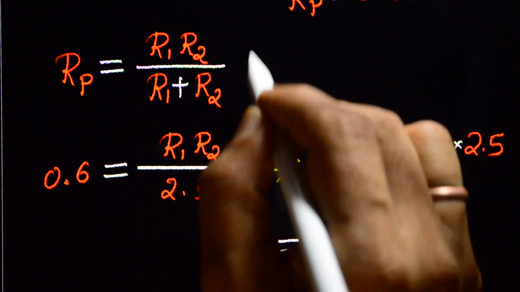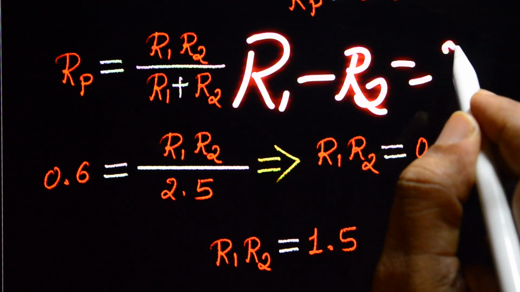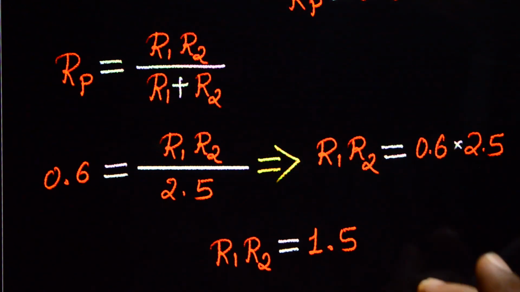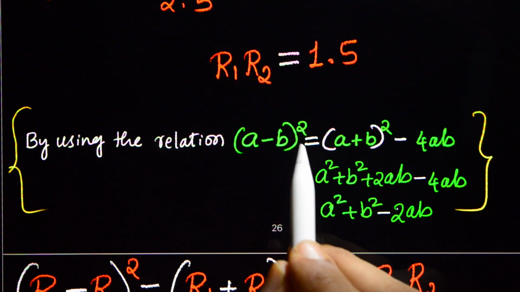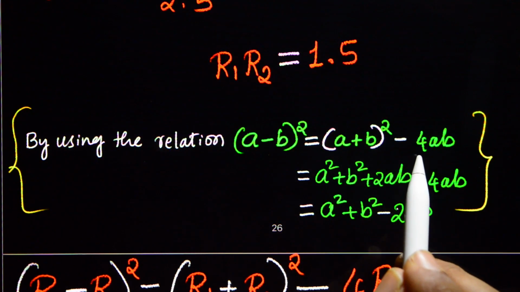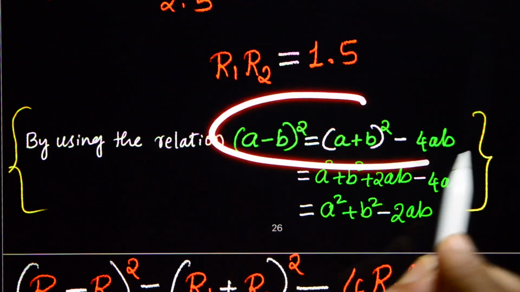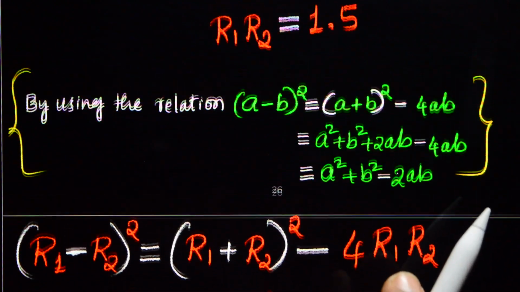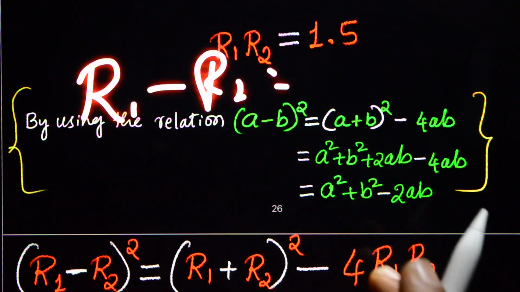How to find that R1 minus R2? For that we'll use the relation a minus b whole square is equal to a plus b whole square minus 4ab. We will use this equation to get R1 minus R2.